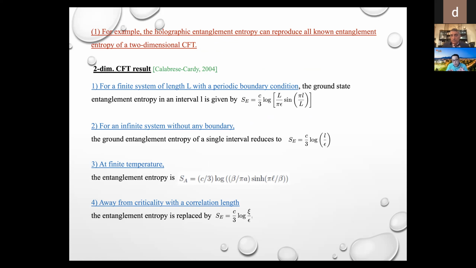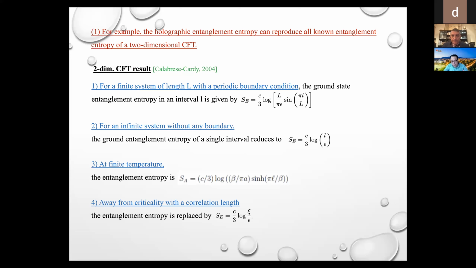This is very special because in two dimensions the conformal field theory has infinitely many conformal symmetries. Moreover, it has modular invariance.